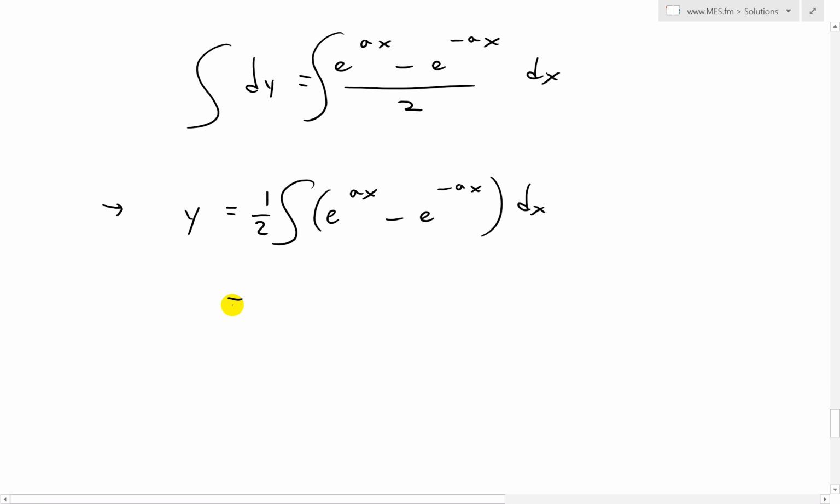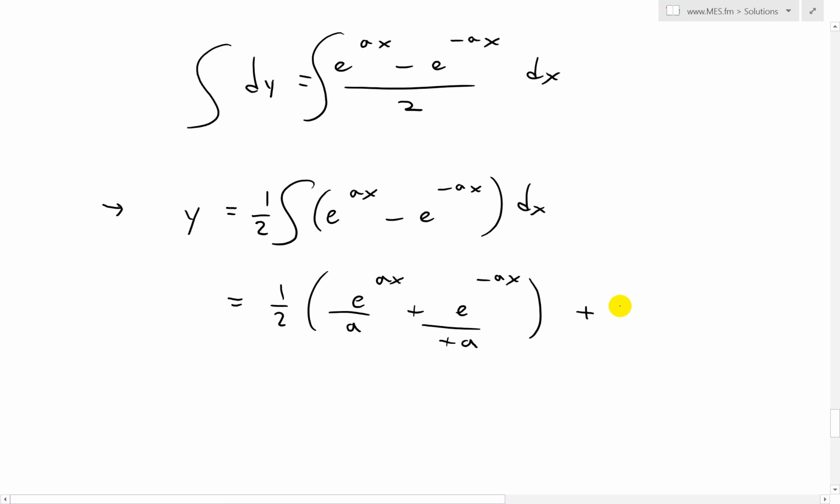Those are just constants. The integral of e is itself, so 1 over 2, and now what we have is e^(ax) is itself, then divided by a for chain rule to account for it. Now on this part here we have a minus, e is going to be the same thing, e^(-ax), now divided by negative a, the negatives cancel, becomes positive, like that.